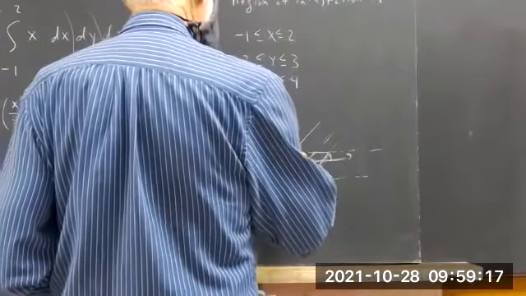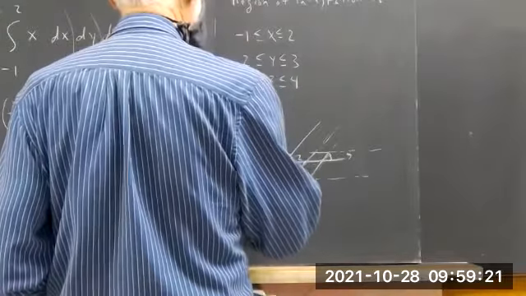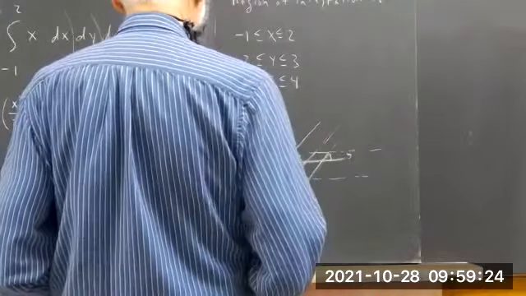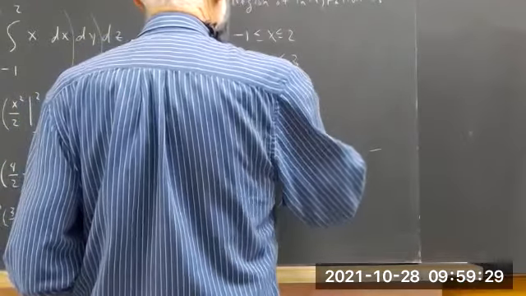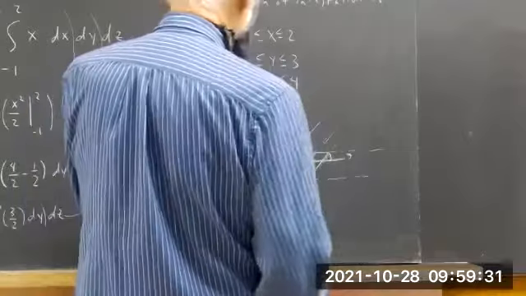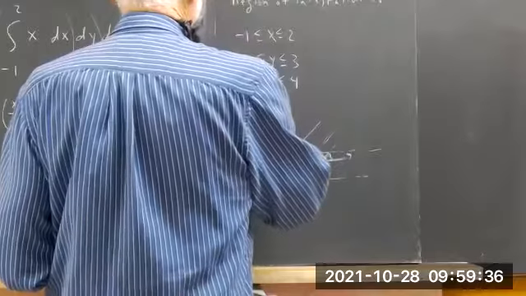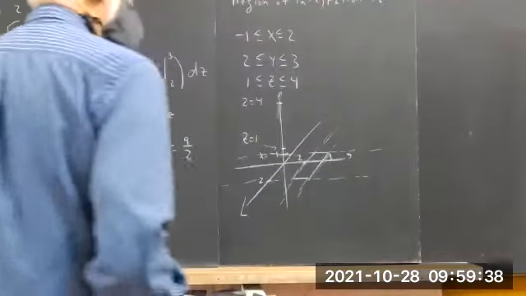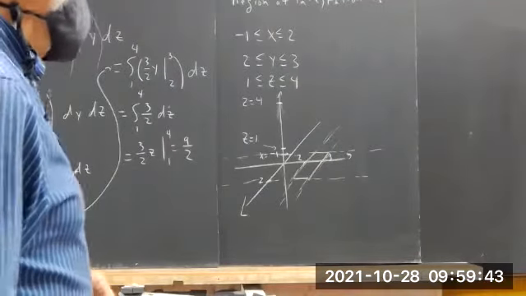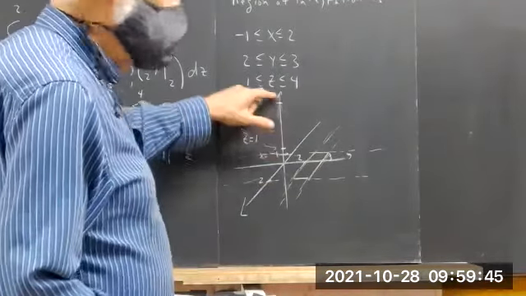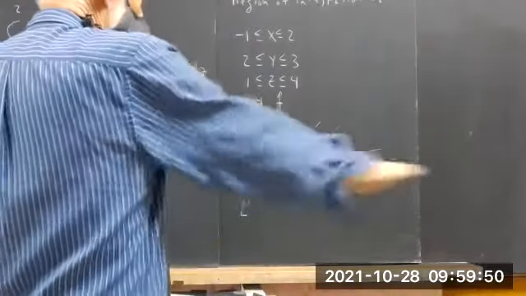And here's where X is -1. Let's just say that Z equals 1 here. This is not going to be a great job of doing this to scale, but 2, 3, 4 would be up here. Okay. Now, the region between Z equals 1 and Z equals 4, well, Z equals 1 in 3 dimensions describes a plane.